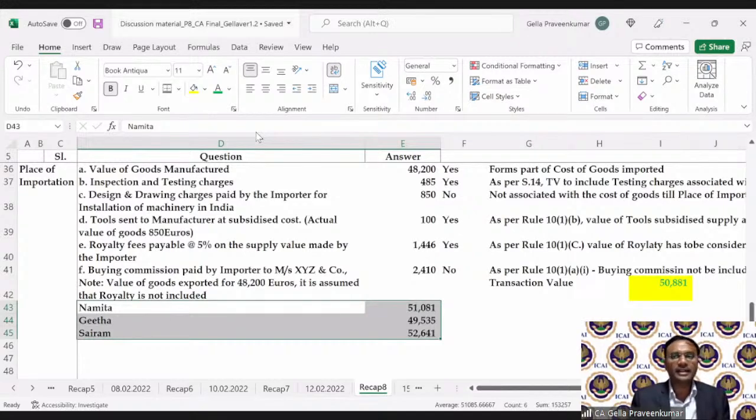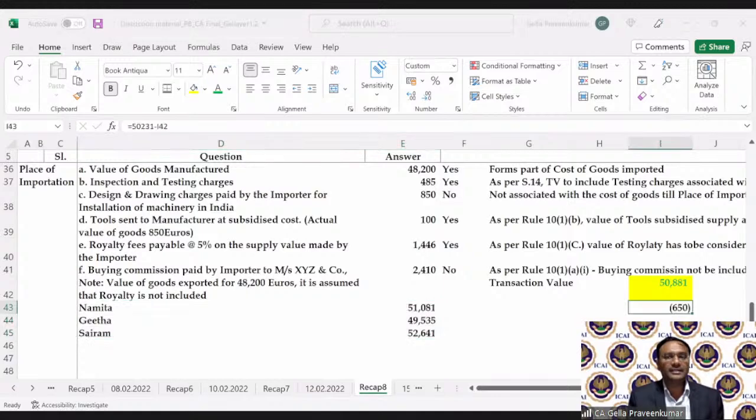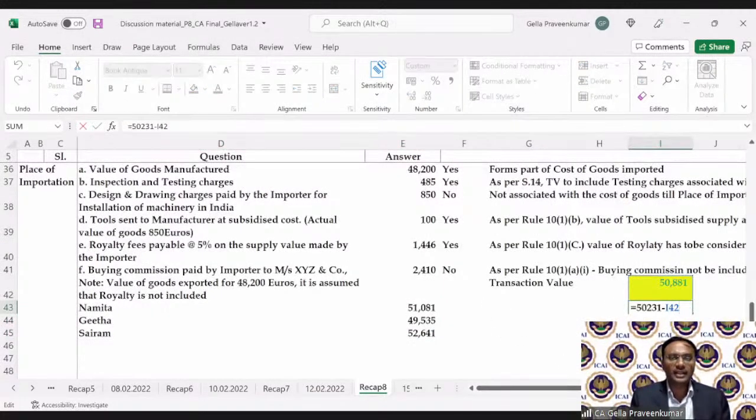Sairam, you have got 650 as a difference. Sairam, what you have done as a mistake, you could see my screen. You have given 50,231 euros as an answer. Actually, from 750, you have reduced 100 and you have added 650.